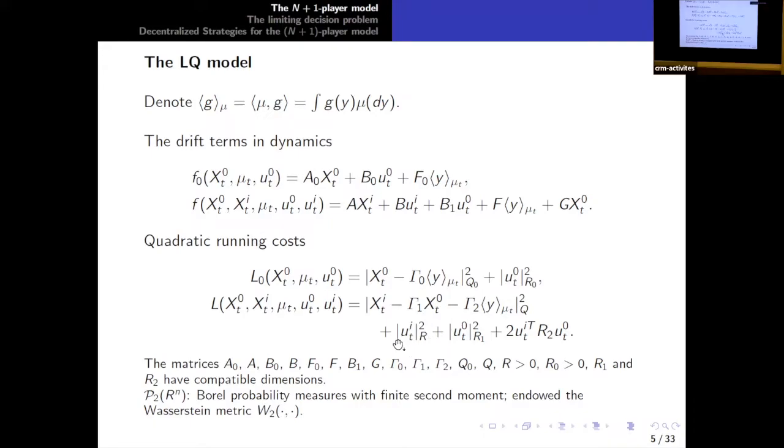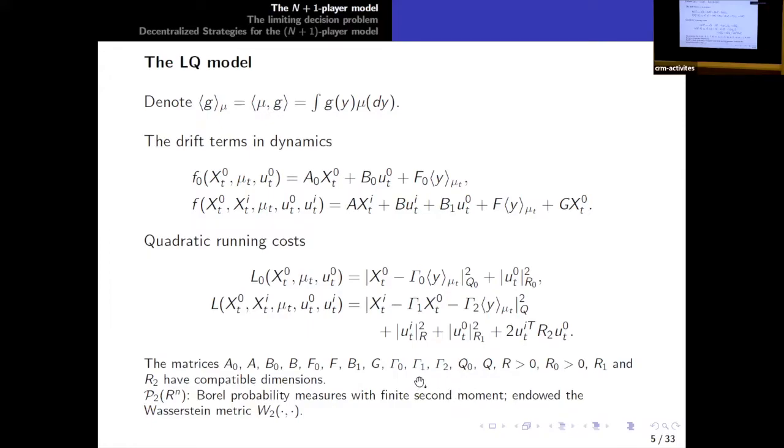Then for the minor player, we need the linear combination of the major player state and the mean field for tracking. So basically each minor player should respond to the major player and also the whole population of minor players.